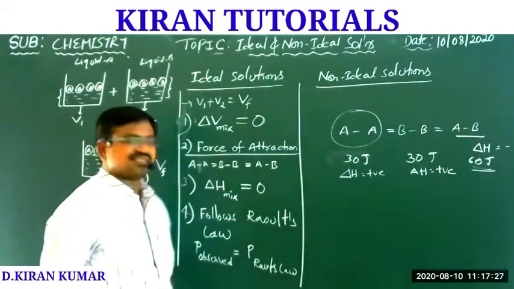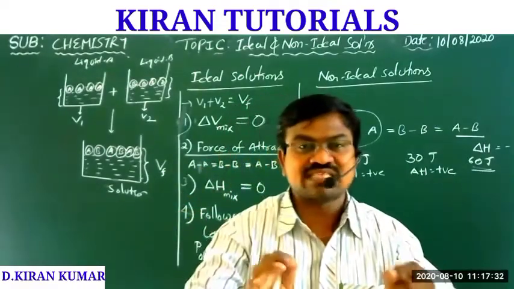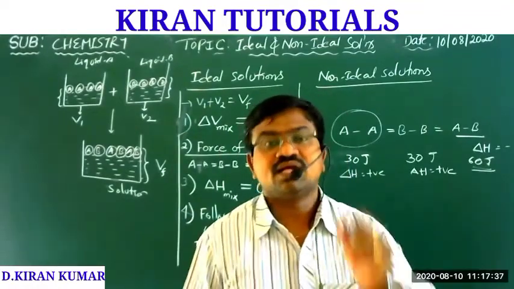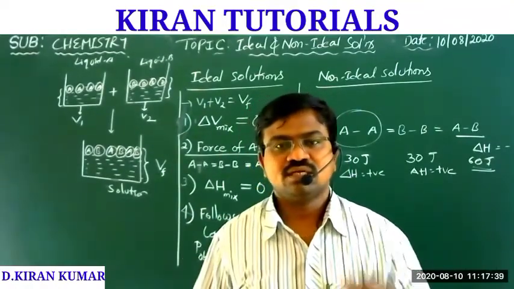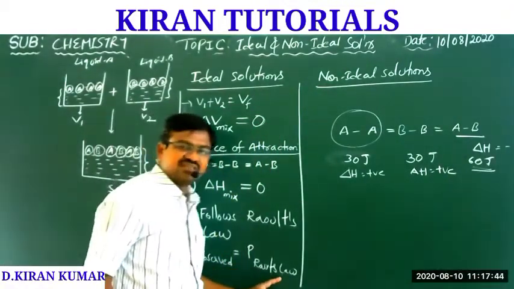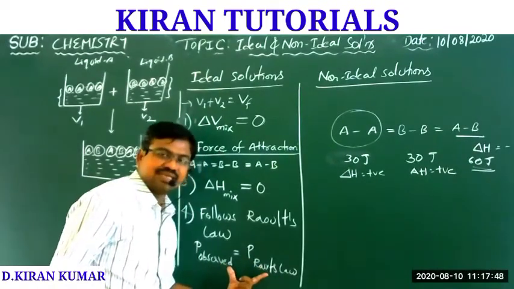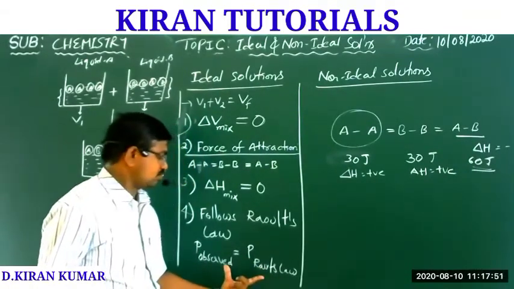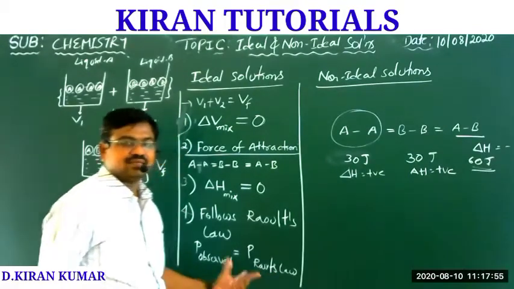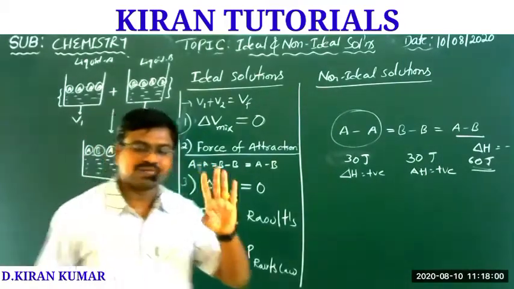Then it is called an ideal solution, meaning the solution follows Raoult's law at all concentrations and all temperatures. If both pressures are equal, then it is called an ideal solution. Clear? These are the four important ones.